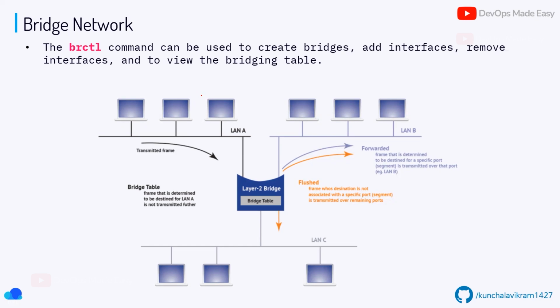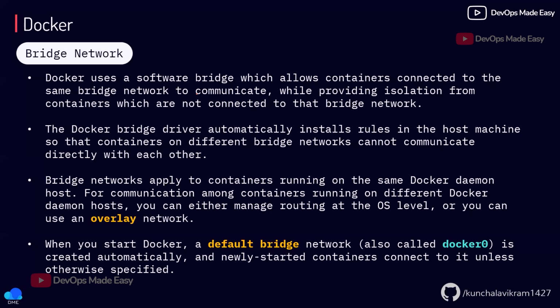Using this, you can see all the available bridge networks and create bridges. I'm going to show this utility. It won't work on Windows, so let's start our EC2 instance and work with the networks. Now by default, Docker uses a software bridge because you cannot have a hardware bridge to connect containers.